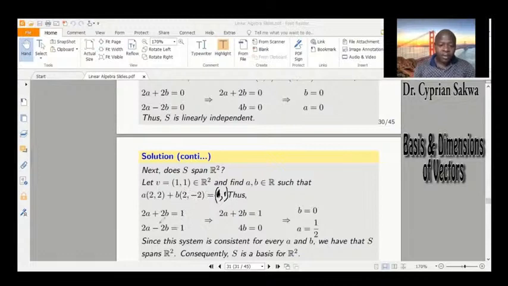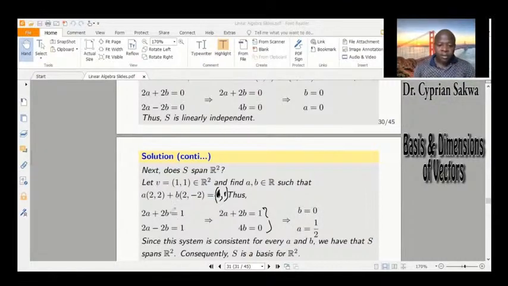I reduce this to echelon form, and this is what I obtain. From here, it's clear that B is 0. So going up to the first equation, when B is 0, then A would be half. So this system has solutions.